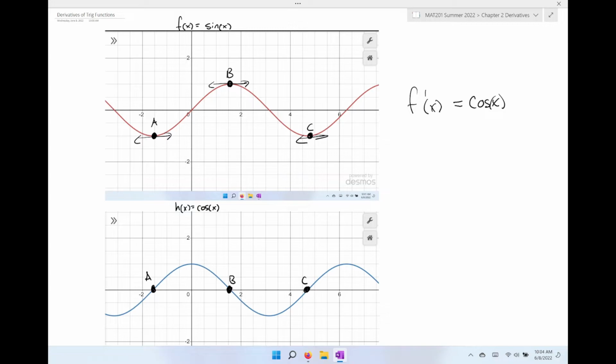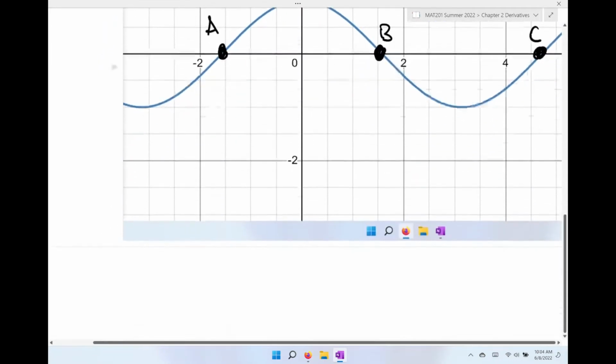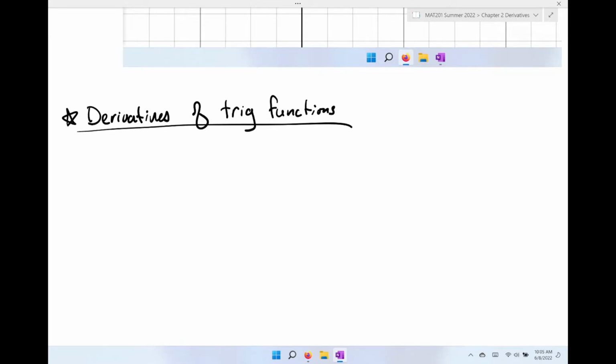Now, you can do the same exact thing for every single one of these trigonometric functions, okay? So what I want to do here is write them all out for you. So we have our derivatives of trig functions, and I will say this from the very start. I'm going to put a little star because these are, I don't want to say special cases, but until we learn the chain rule, this is what we have right here.